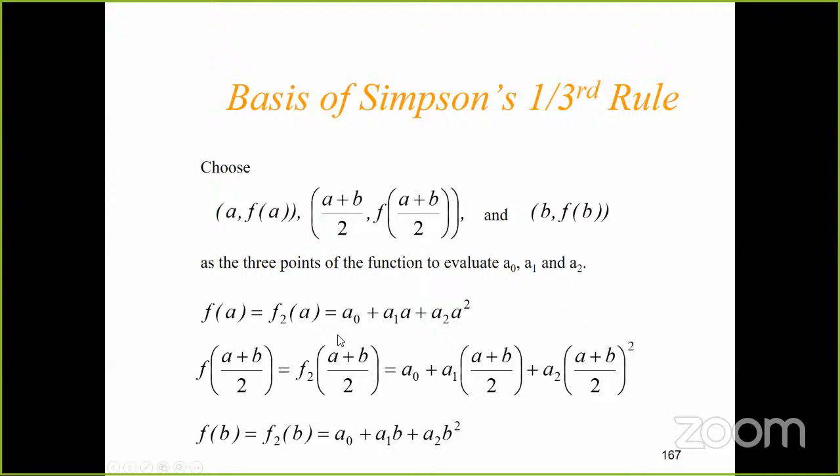The 3 points of the function are used to evaluate the coefficients a0, a1, and a2. f of a is equal to f2 of a, which is a0 plus a1 times a plus a2 times a square. The value of the function at a plus b by 2 is f2 of a plus b over 2, which is a0 plus a1 times (a plus b by 2) plus a2 times (a plus b by 2) whole square. f of b is f2 of b, the upper limit, which is a0 plus a1b plus a2b square.